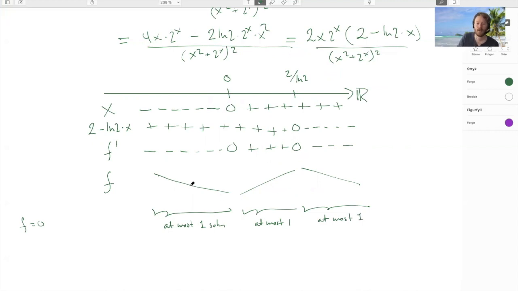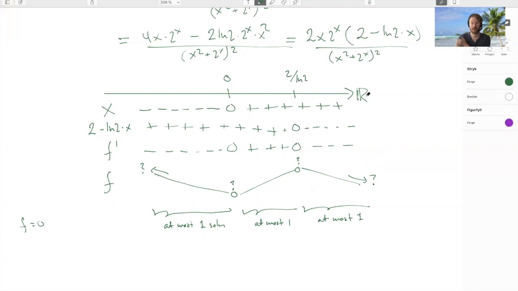And now we want to use the intermediate value theorem to say that I have at least one solution on these intervals, or I want to know that I have 0 solutions on these intervals. How can I determine this? Well, I need to figure out what's my value here, what's my value here, what's my limit here, and what's my limit here.